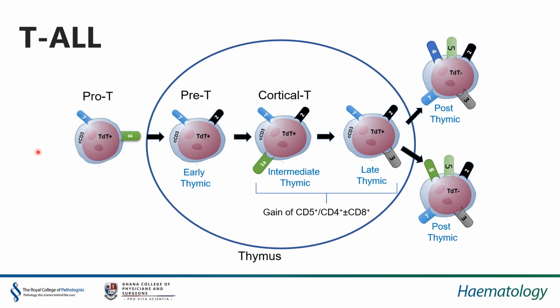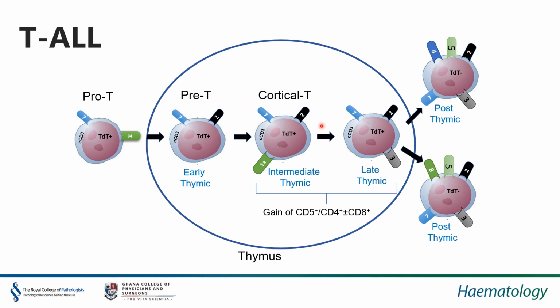As our T cells develop and they become early thymic, they can gain CD2. When we get to the intermediate thymic stage, this is where we can see a gain of CD5, CD4 and/or CD8. So for cortical T-cell ALL, we see an abundance of cells that have that very overexpressed CD7. They retain their CD2, but then they gain CD1a.